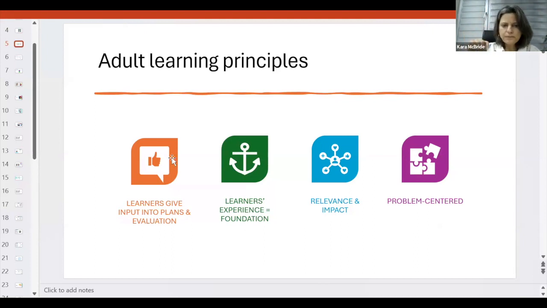So number one, you want to make sure that the learners, the adults, maybe the judges or the graduate students that you work with, need to be able to have input. They need to have some say in how things are going. At the very beginning of this session, they mentioned that in the last session you gave a survey and feedback, and that's already being integrated into what they're doing, right?